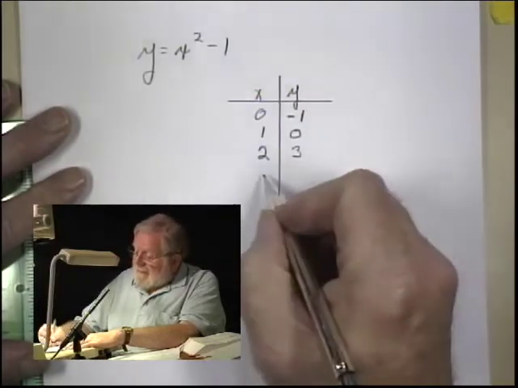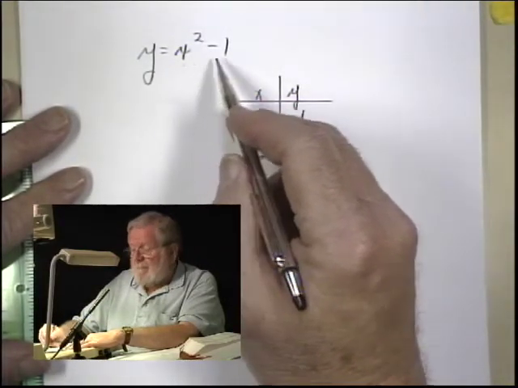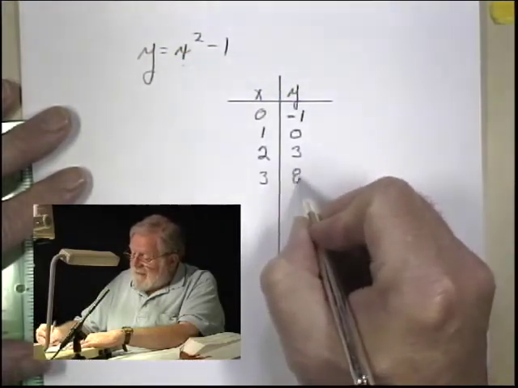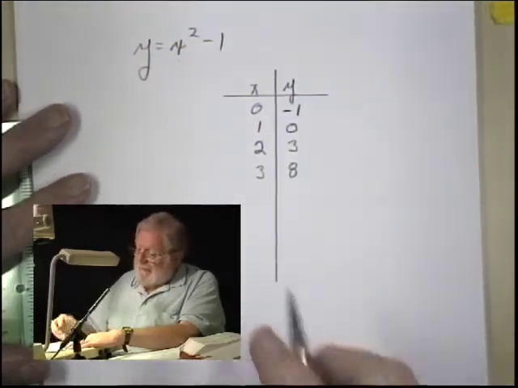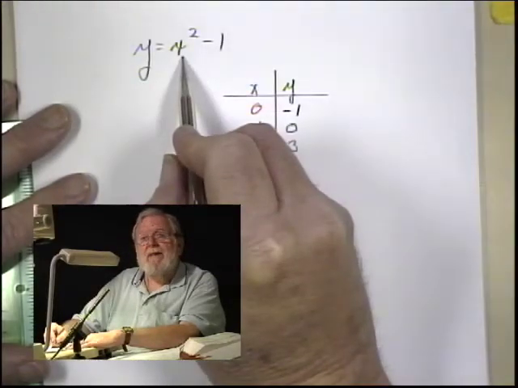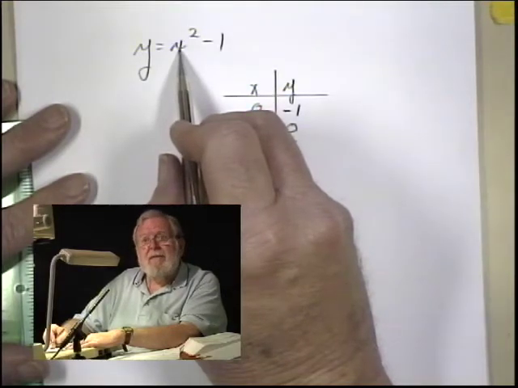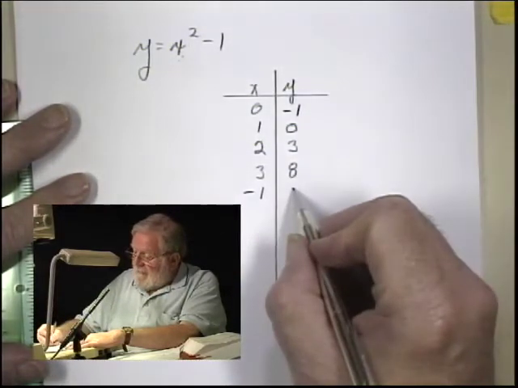If x is 3, we'd have 3 squared. 3 times 3 is 9. Minus 1 would be 8. If x is minus 1, we'd have minus 1 squared. Minus 1 times minus 1 is 1. Minus 1 is 0.